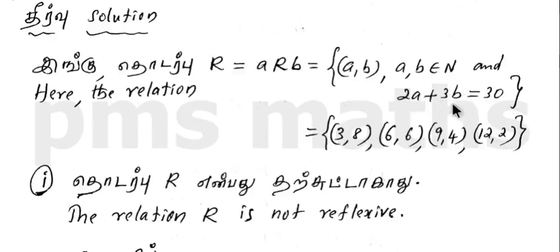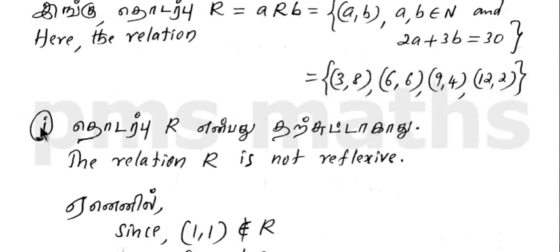This equation is satisfied with this element (a, b). Here this equation is satisfied with only these values of a and b. Now we got the relation set R: (3, 8), (6, 6), (9, 4), (12, 2).